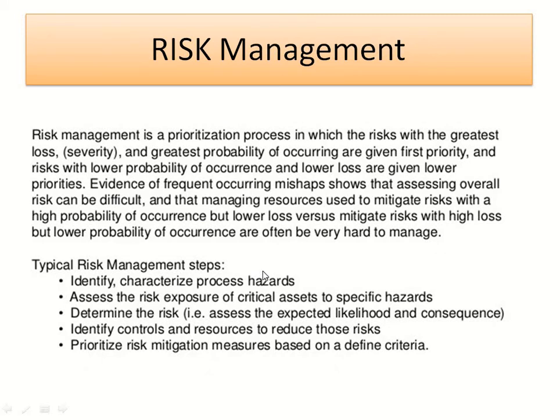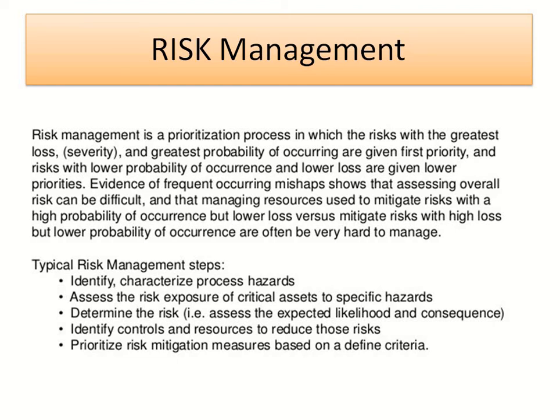Risk management. Risk management is a prioritization process in which the risks with the greatest loss and the greatest probability of occurring are given first priority, and risks with lower probability of occurrence and lower loss are given lower priorities. With occurring mishaps, assessing overall risk can be difficult.